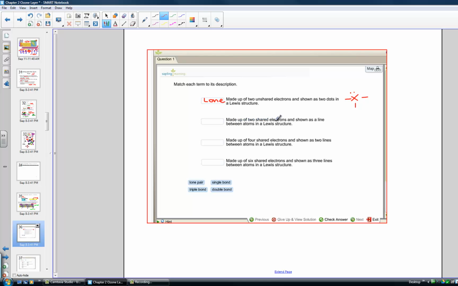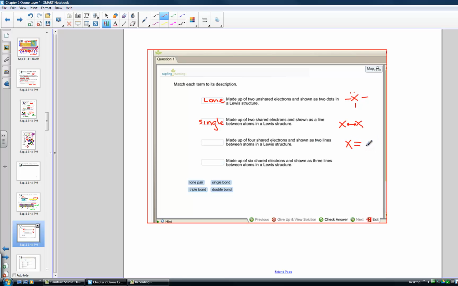Made up of 2 shared electrons and shown as a line between 2 atoms. It's this right here. 2 shared electrons. So here's one and here's one. A shared pair is what we would refer to as a single covalent bond. Made up of 4 shared electrons and drawn as 2 lines.